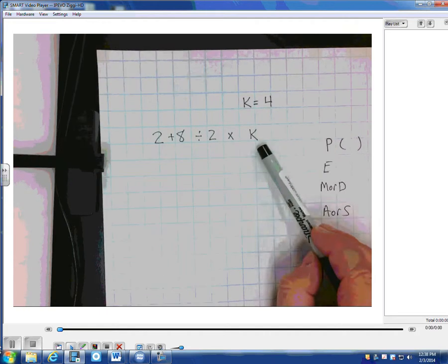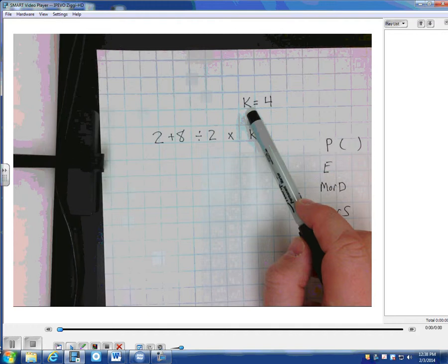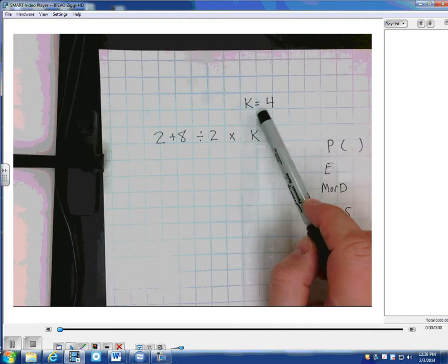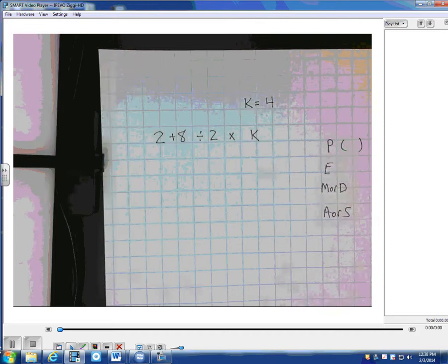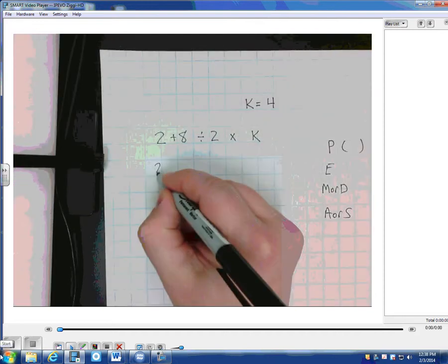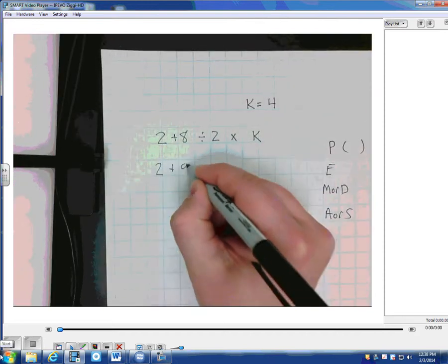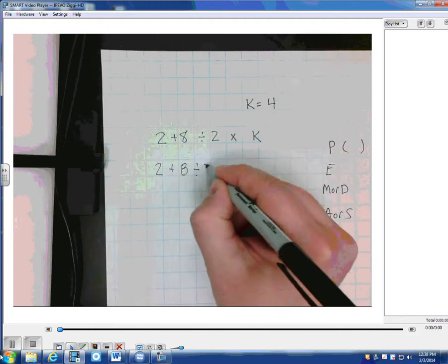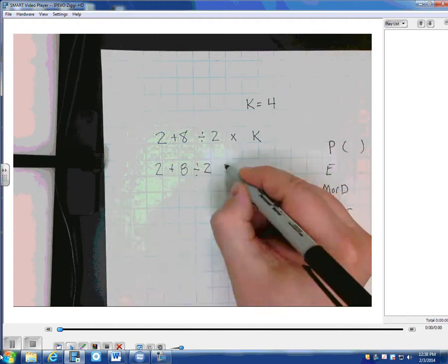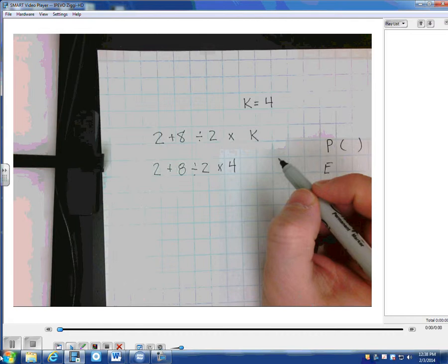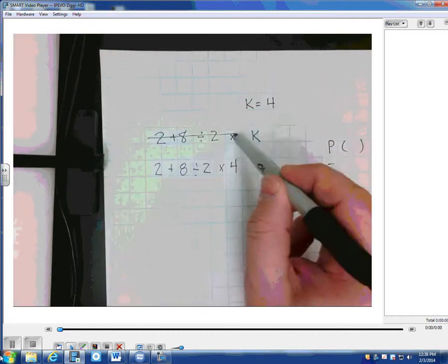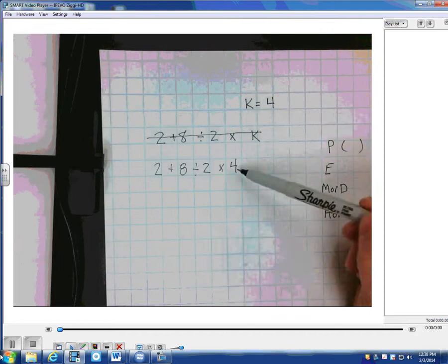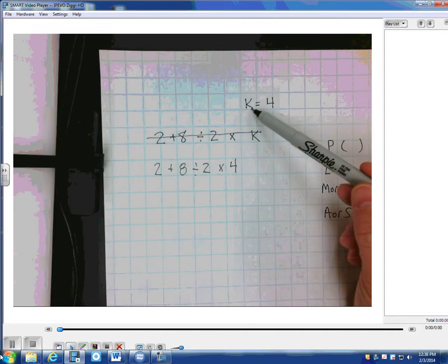Up here, they tell us what k is worth. So k really equals 4. So I can just rewrite that: 2 plus 8 divided by 2 times 4. I'll put a line through that so I don't have to worry about it. All I did was replace the k with a 4.